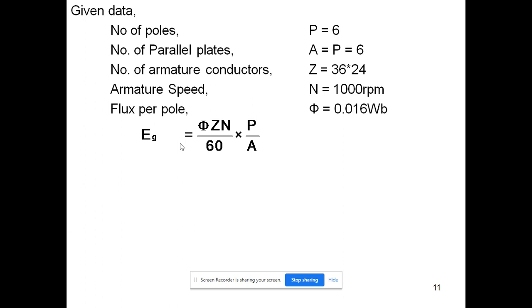Now we can easily find out the EMF generated.